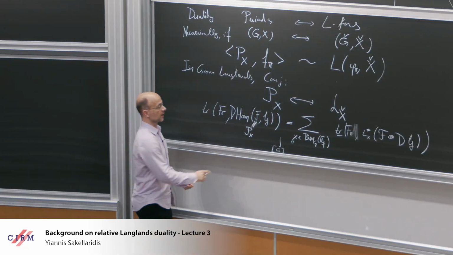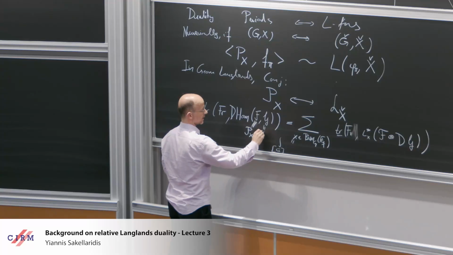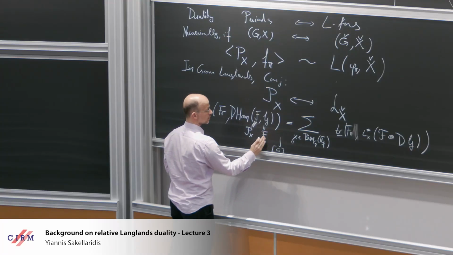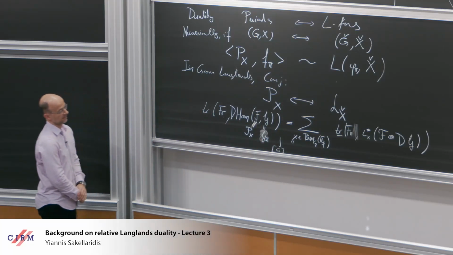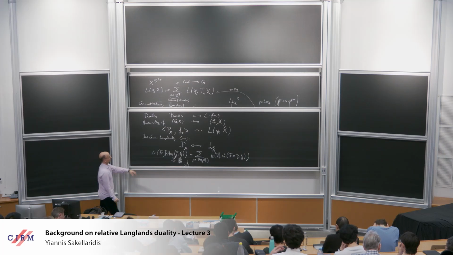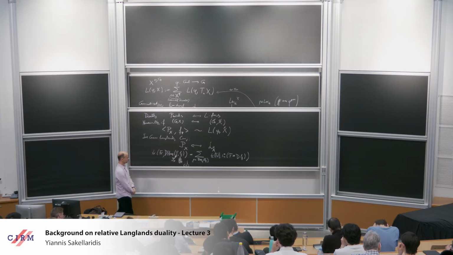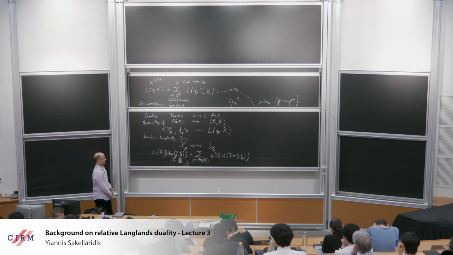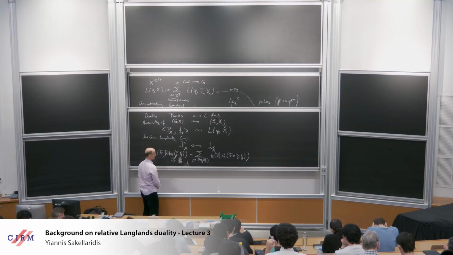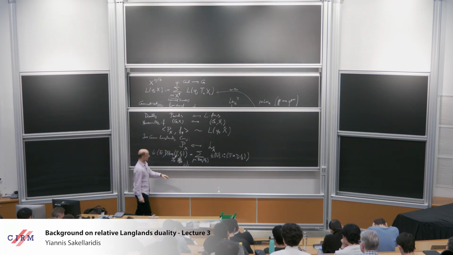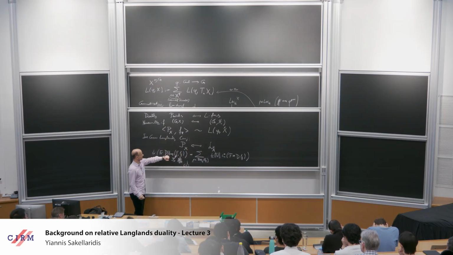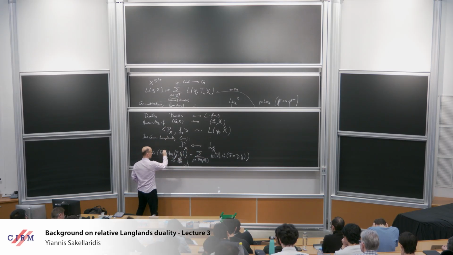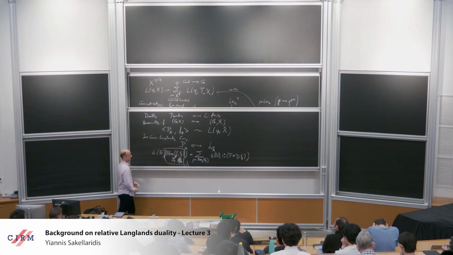For G, you would have to take some sheaf that is associated to some Hecke eigensheaf that produces this automorphic form, or maybe the dual of that. And then this formula would tell you that the inner product can be recovered by calculating Homs between the sheaves.